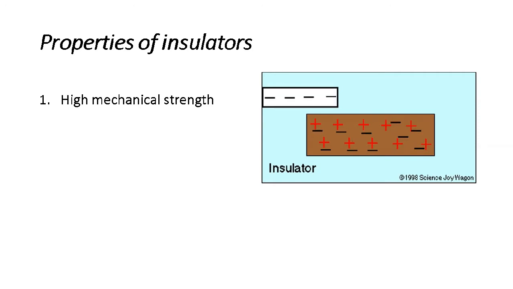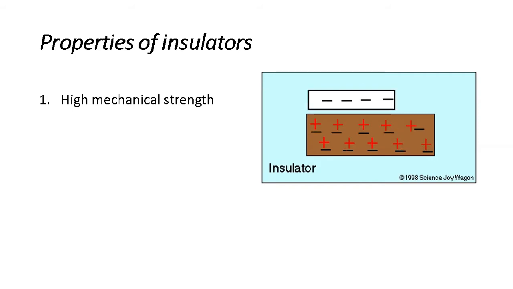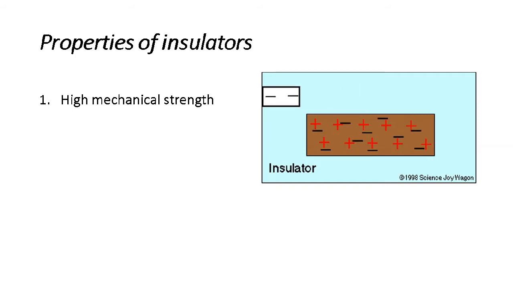It also has to withstand the force due to wind and storms. In some conditions there is heavy wind flow and some snowfall, and in that case the weight of the conductor will increase. So your insulator should be capable of having high mechanical strength.